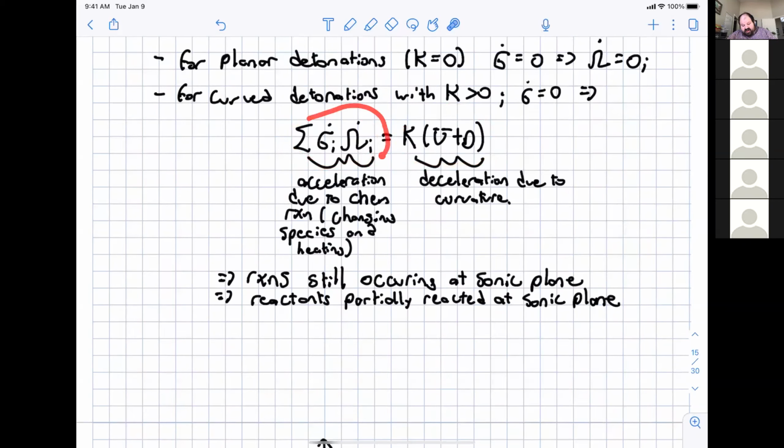So for a general curvature, for the equilibrium detonation of a curved detonation, there will still be some reaction occurring. That means that at the sonic plane, we no longer have the condition that all of the reactants are consumed; the reactants are in a partially burned state.